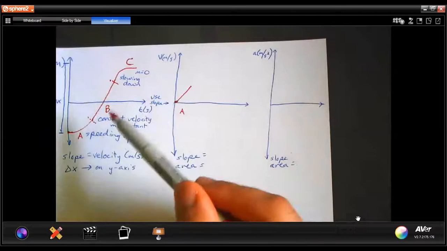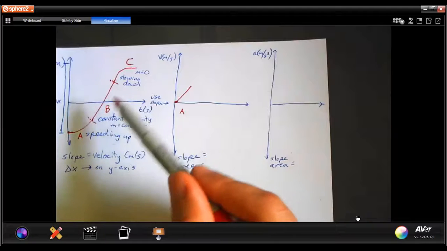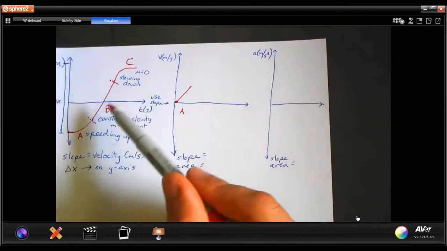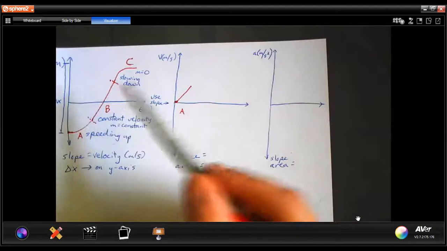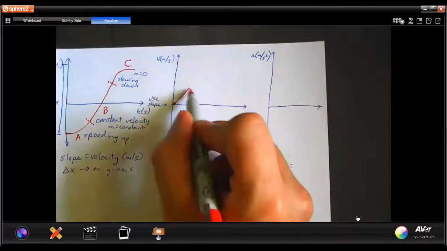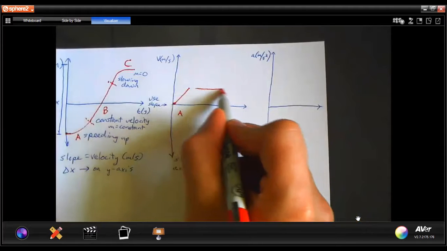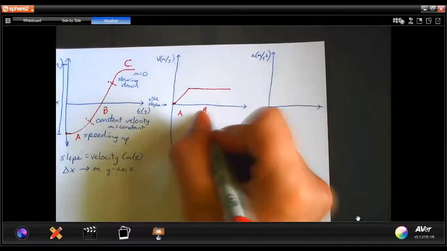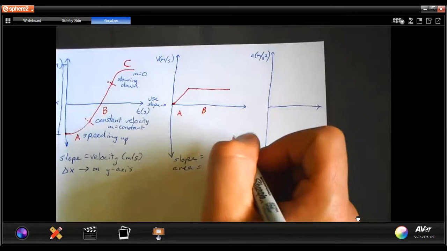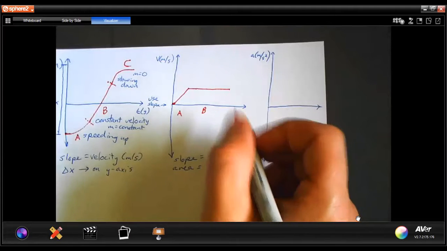At B, it's no longer changing its slope. It's maintaining a constant positive slope. So because of that, we have a flat line at B because it's a constant slope, so it's a constant velocity.